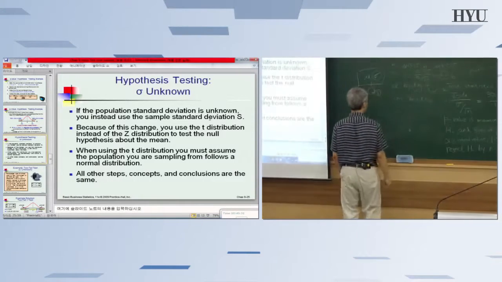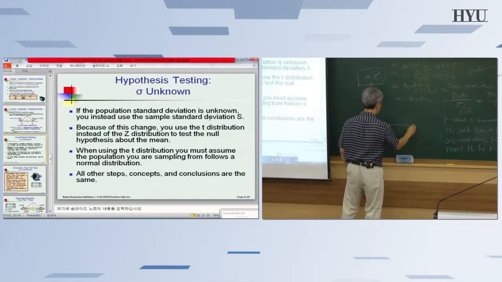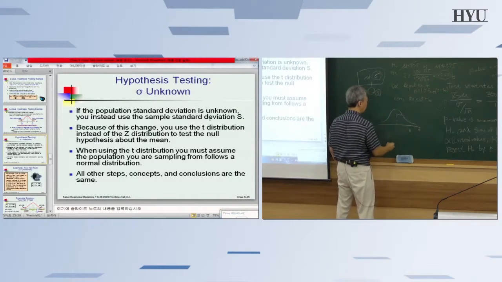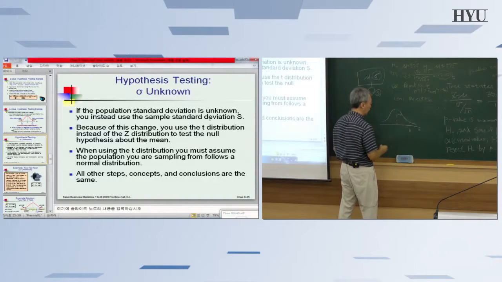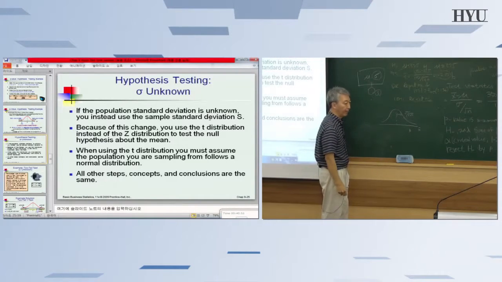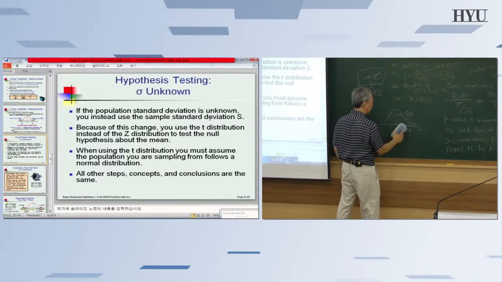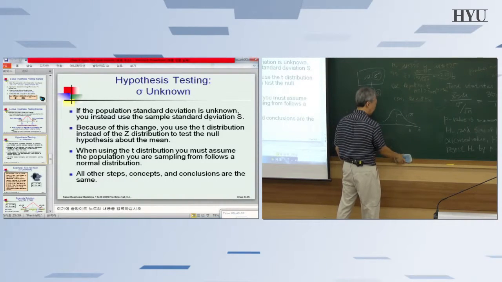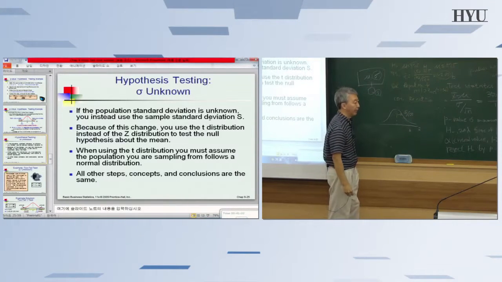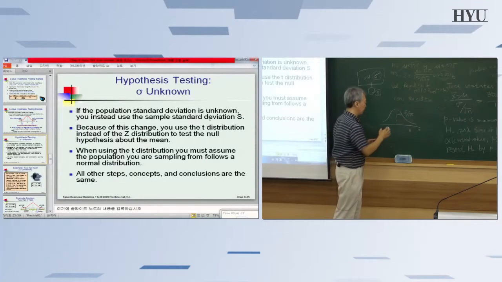If you think about the sampling distribution, for the variability we use sigma over square root of n if sigma was known. But if sigma is unknown, the only way to handle this is to replace it with the sample standard deviation.